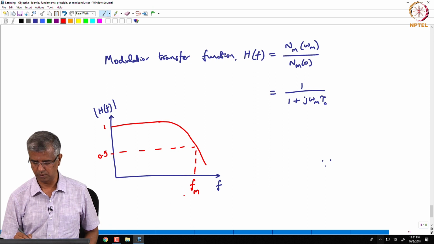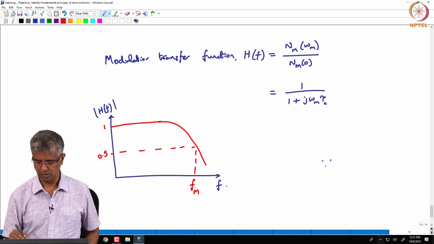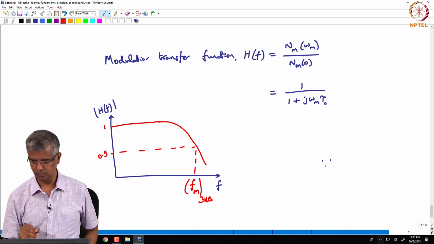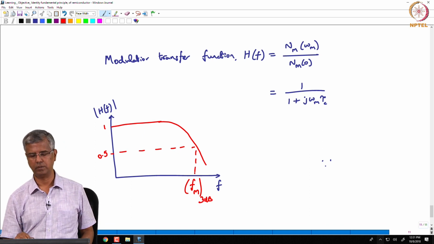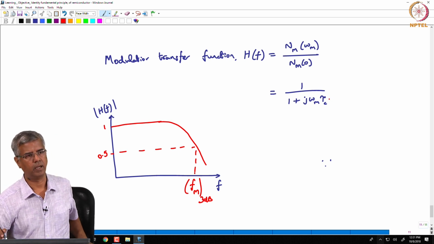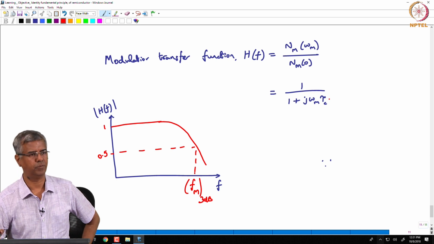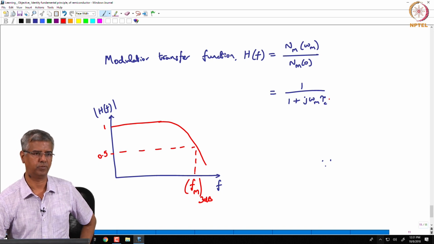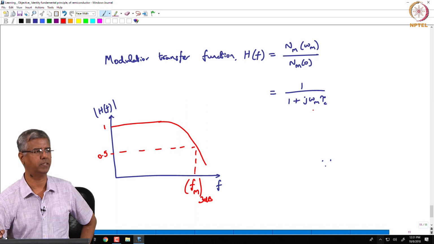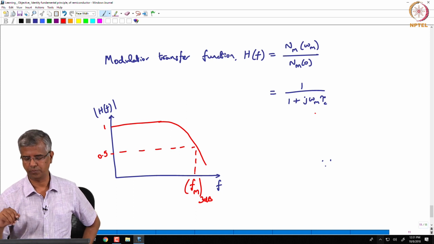So this is Fm at 3 dB. So what you do is you find the magnitude of h of f, and that magnitude you equate to half. And once you equate to half, you can find out what Fm of 3 dB is.